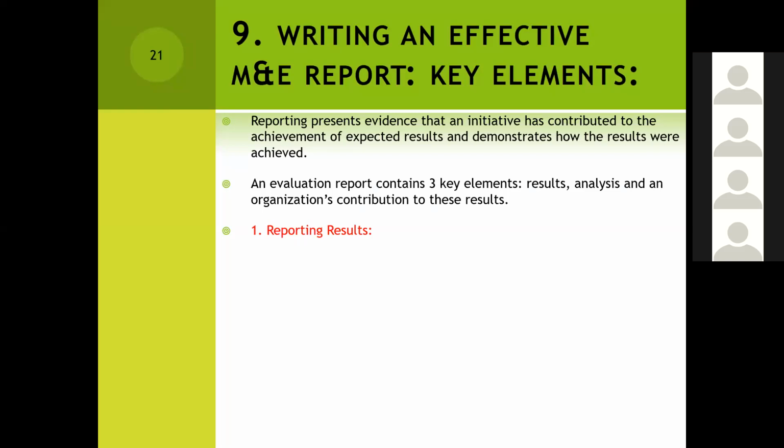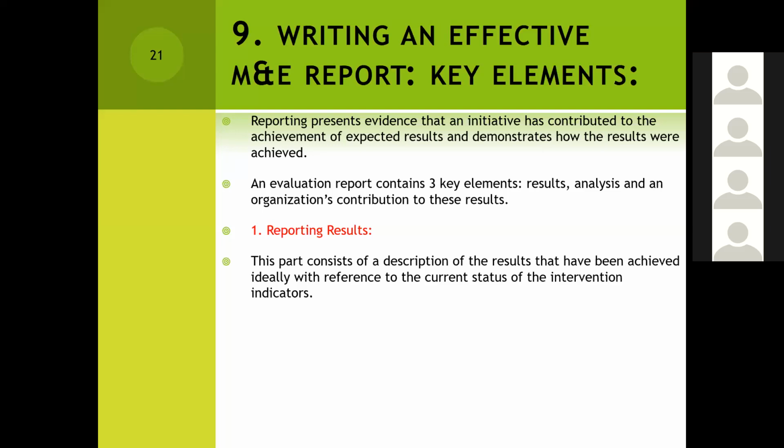Even though I could give you 5, there are 3 key ones that are very important. It is always good to make sure that your M&E report reports results effectively, because everybody picking up an M&E report wants to see the results of your project.